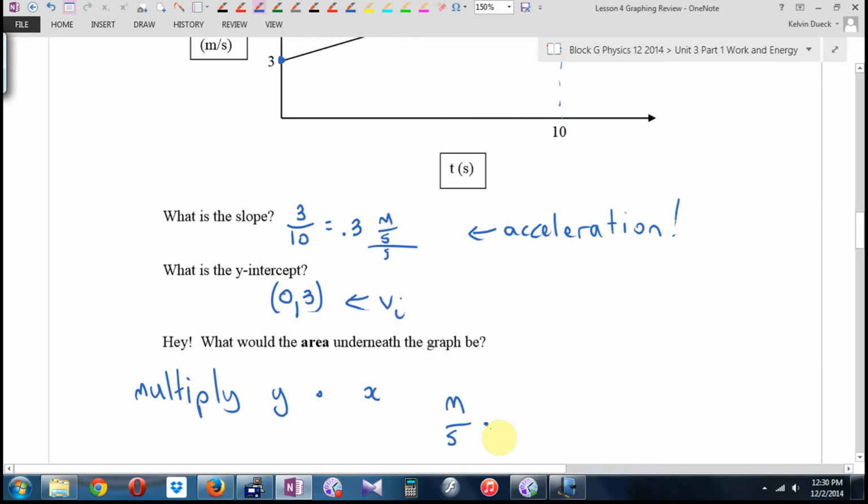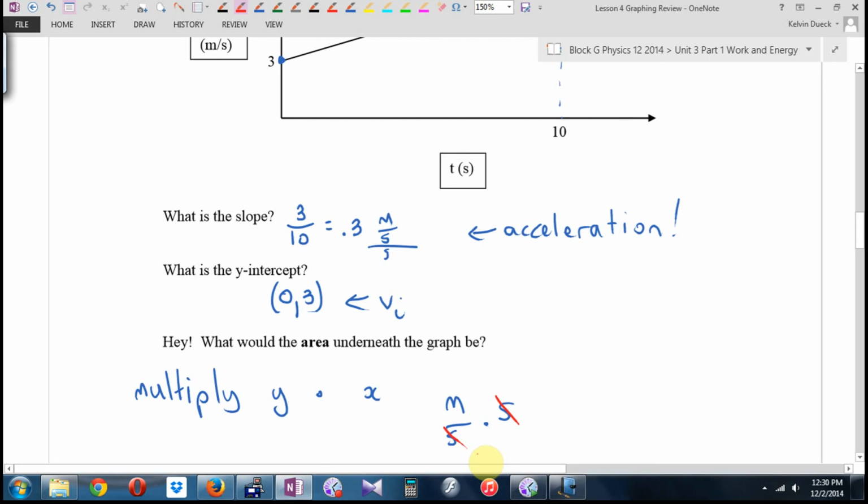Times. What did you say the units were on the x-axis? When I multiply, I have seconds on the bottom, I have seconds on the top. What's going to happen to those seconds? Cancel. What units are left behind?